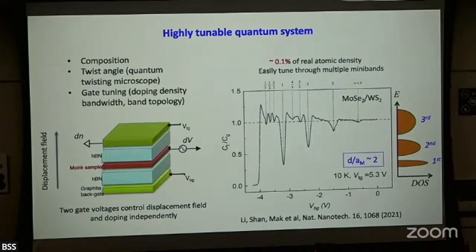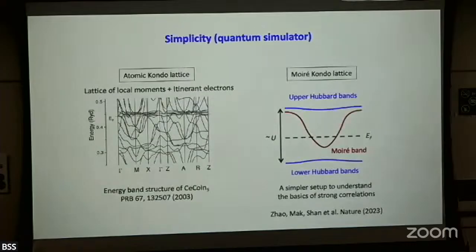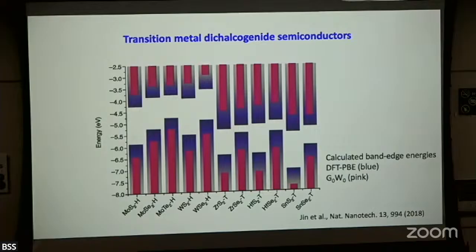We can vary those two gate voltages in the right combination to change just one of them, or we can map out the two axes, and if we know the thickness, we can convert them to displacement field and filling factor. So in the experiments, there are a lot of knobs to control.